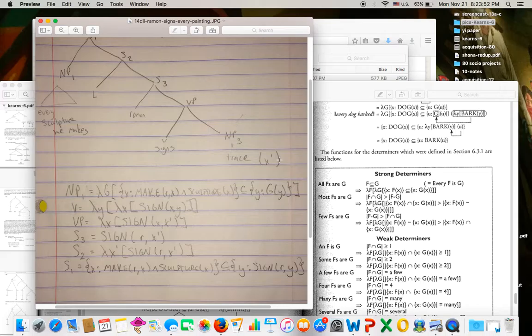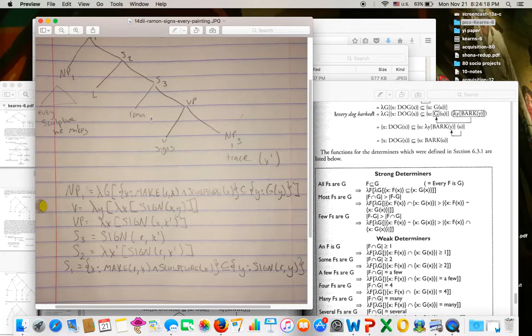So even though it doesn't have any real content at this point, since the actual content has moved up here, we're still plugging it in for a lambda y. So it's behaving as a type E entity for the purposes of the sign lambda expression. So then the VP is lambda x sign x x prime.